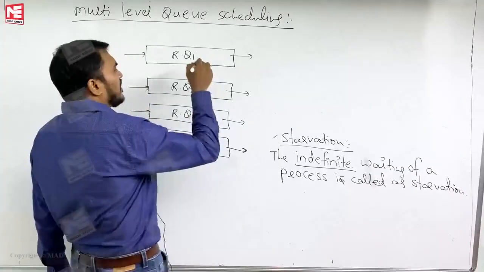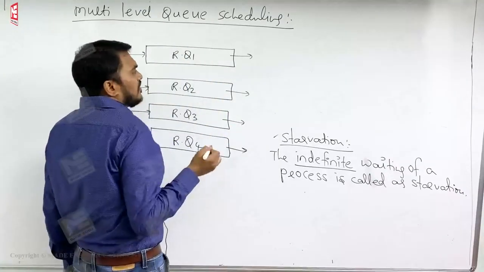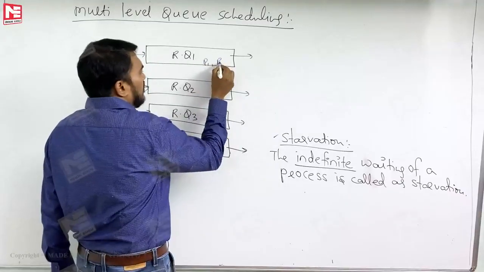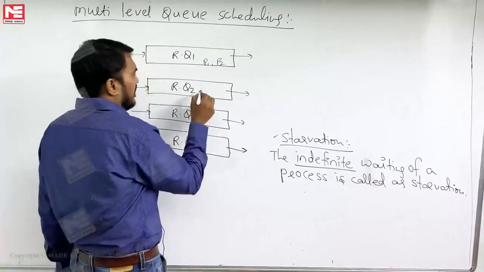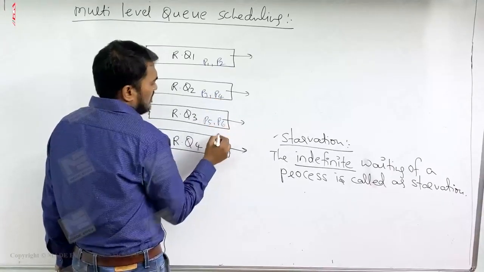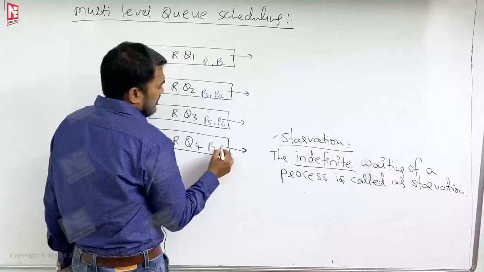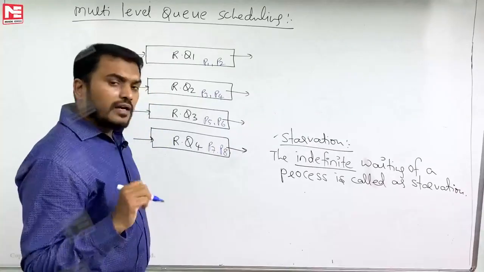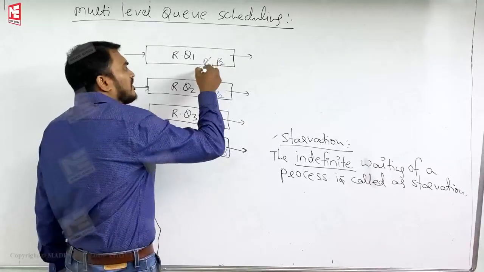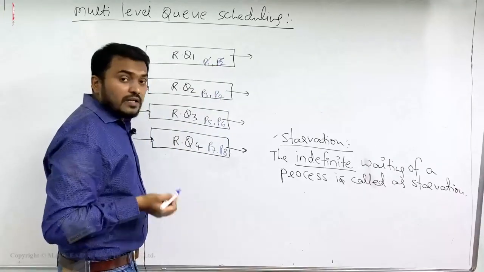Listen carefully. Let us say, depending on the priority, we have distributed the processes: P1, P2 here, P3, P4 here, P5, P6 here, and P7, P8 here. Now let's say P1, P2 are completed because they have high priority.